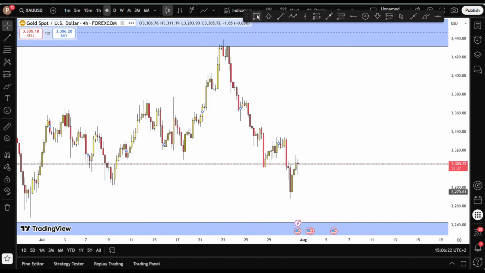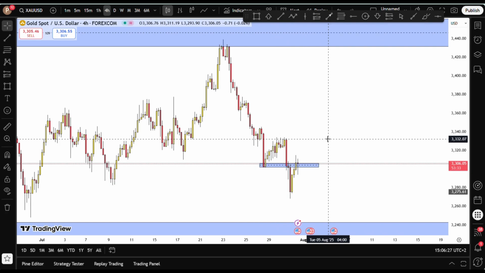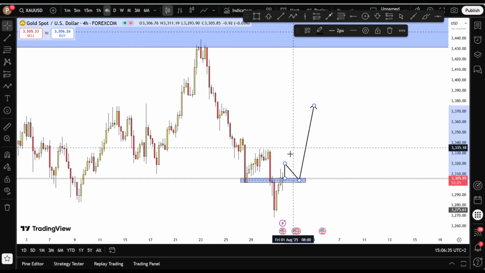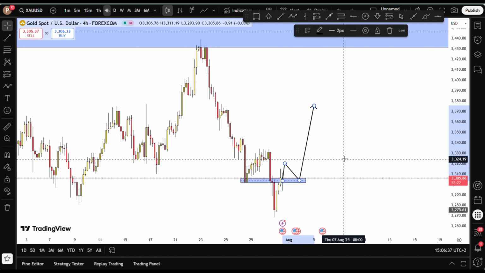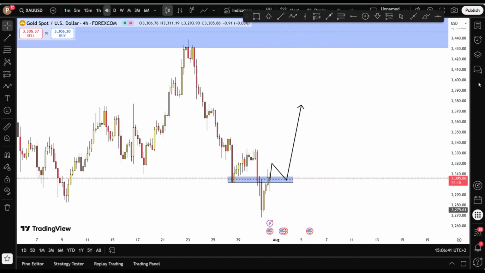Let me just leave this here. Gold has to now close above and give us a retest. Yeah, that's what I would wait for.